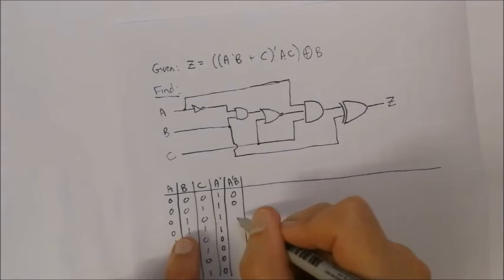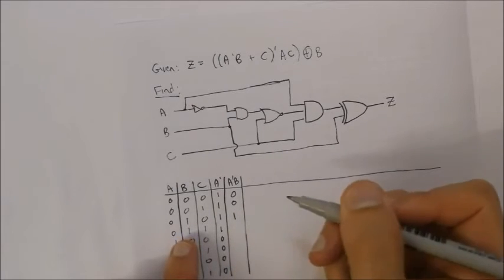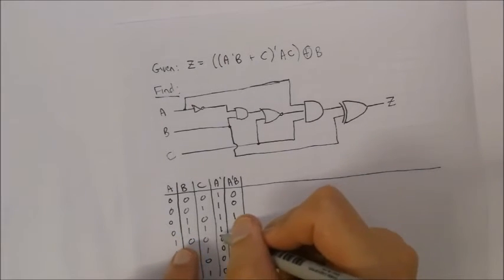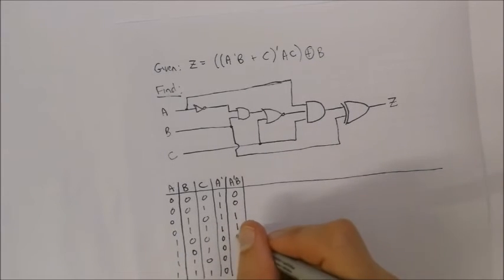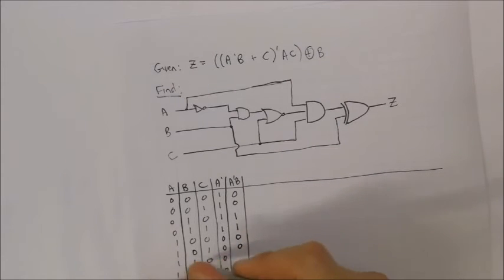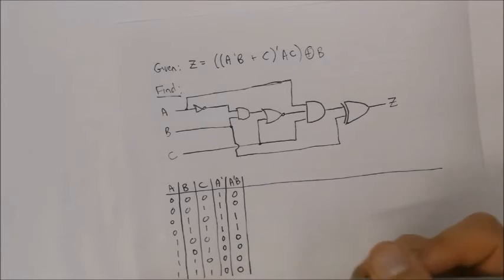Both A naught and B are 1 over there, so that is a 1 output. Over there we've got the same scenario. Both inputs over there are 0, so that will give an output of 0. And same over there. We've got only one input that's a 1, so the output is 0. And over here the same scenario.